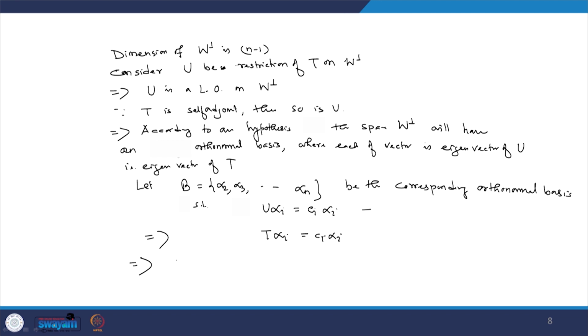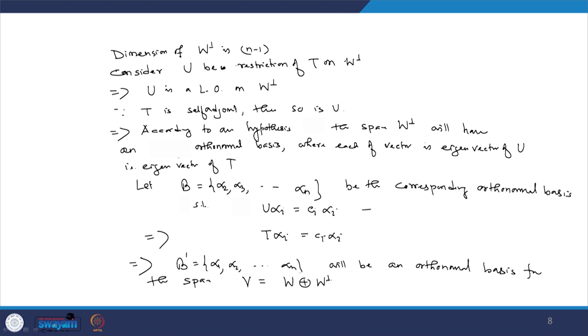So, if I consider B prime, which is equal to alpha 1, alpha 2, up to alpha n, it will be an orthonormal basis for the space V equal to W plus W complement. This is the direct sum of W and the orthogonal complement of W. So, this implies V has the required basis.